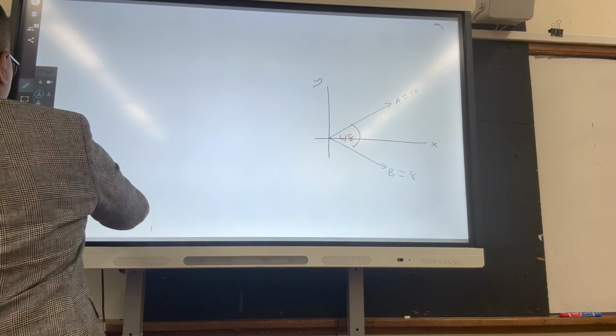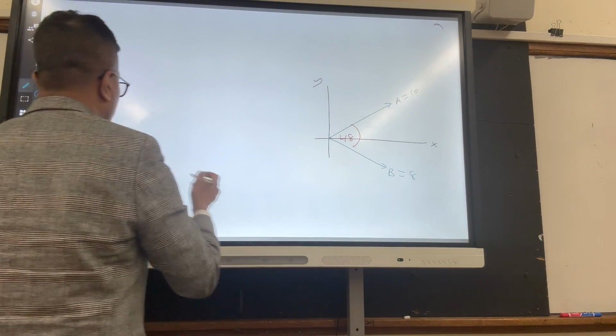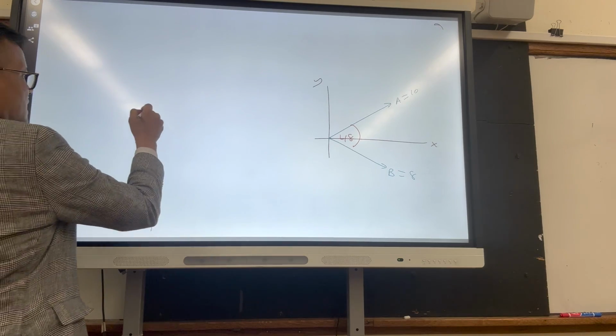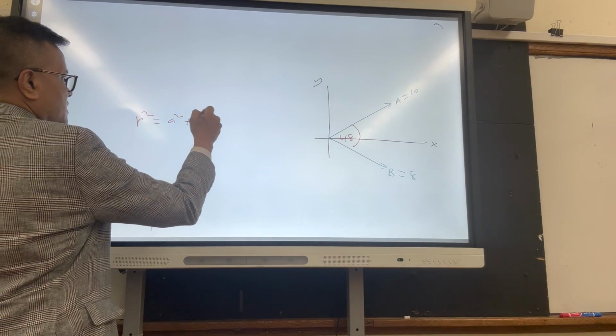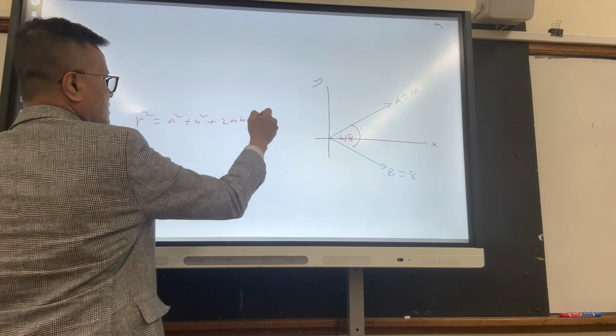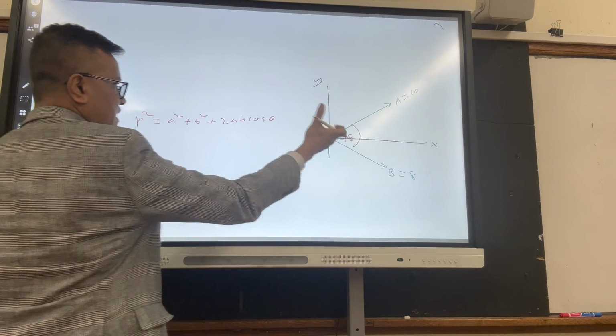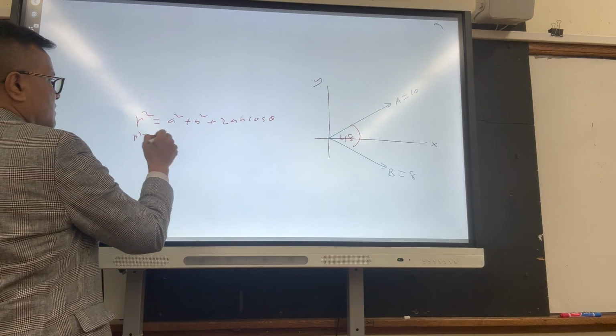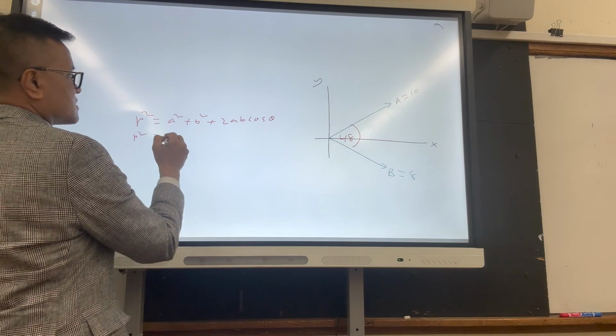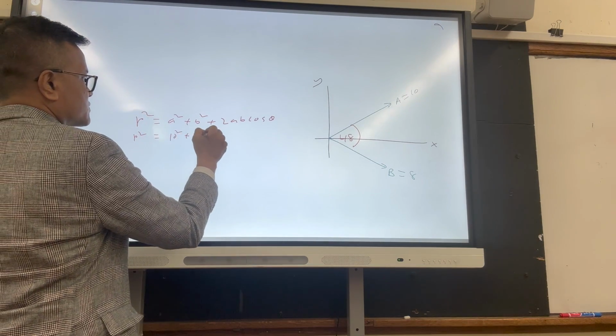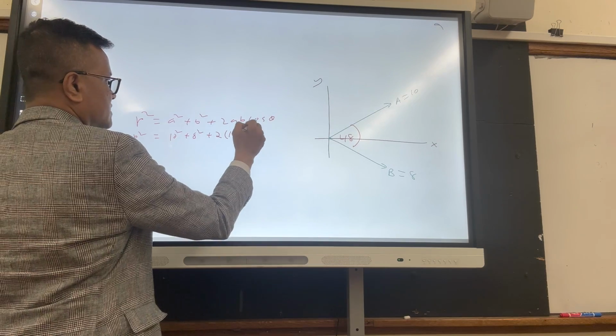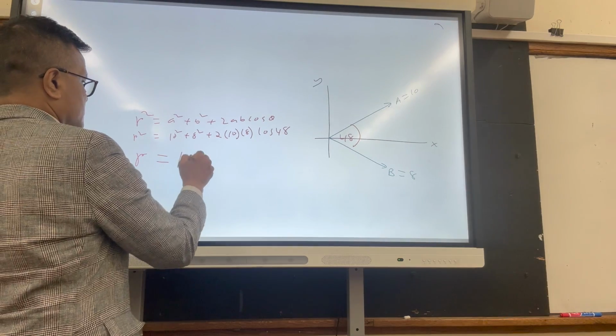Now, let's not do the parallelogram, I'm just going to finish it. R squared equals a squared plus b squared plus 2ab cosine theta. I already have the angle between the vectors. Why do I need the parallelogram? Okay, R squared is 10 squared plus 8 squared plus 2 times 10 times 8 cosine 40, which is 16 Newton.